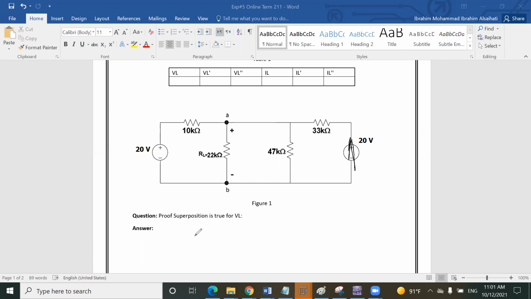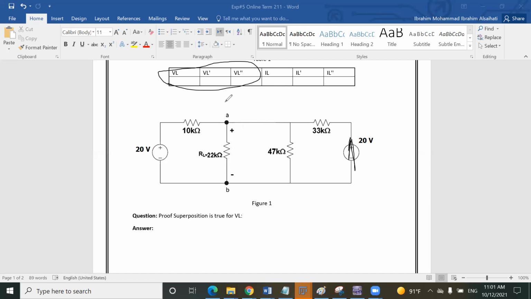It's enough to prove one of them, but here he is measuring both to show you that it applies to both. Actually, IL prime would be VL prime over RL, and IL double prime would be VL double prime over RL. So if it is proved for VL, it is automatically proved for IL. So I want you to prove the superposition for the voltage.